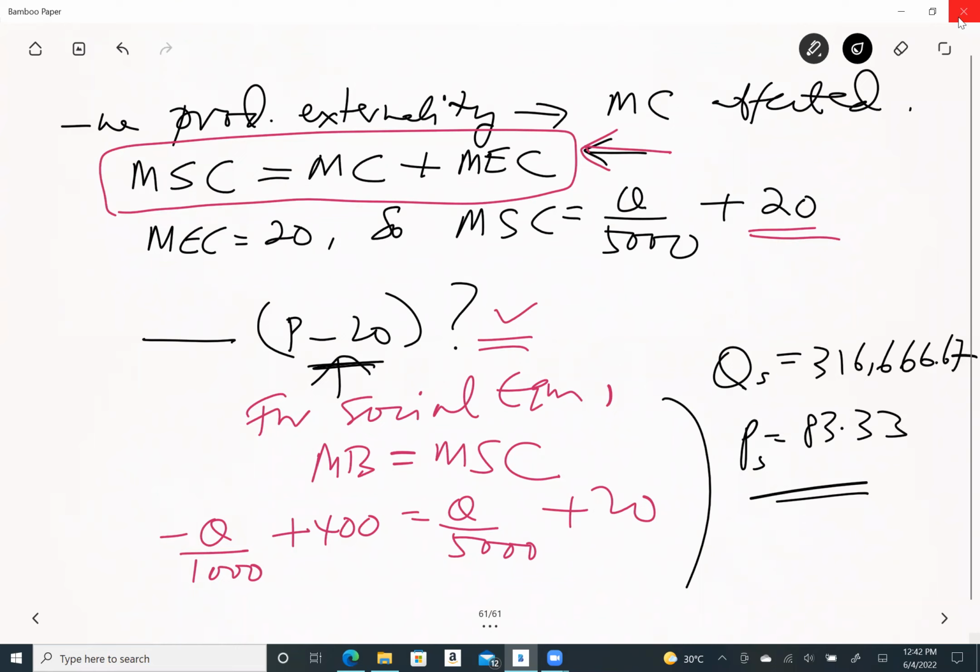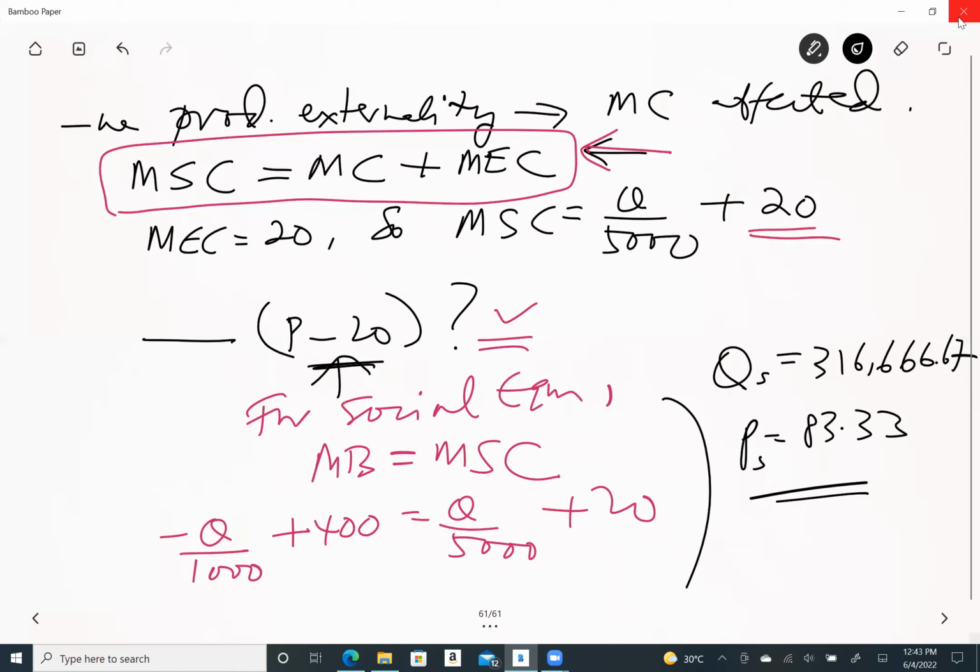So the next part is you want to find the market price, the competitive equilibrium we have found, and then you just describe the competitive equilibrium. Now, what is the efficient amount of paper?